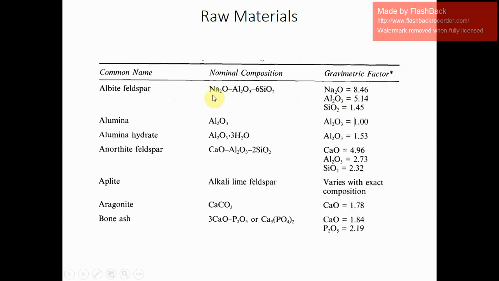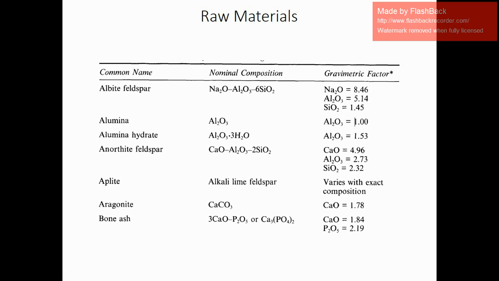See, this is a table of common names of some raw materials with chemical composition and then gravimetric factor. You have to know how much gravimetric factor is required for a particular type of raw material. I think you don't have to remember this, because it will be provided separately.